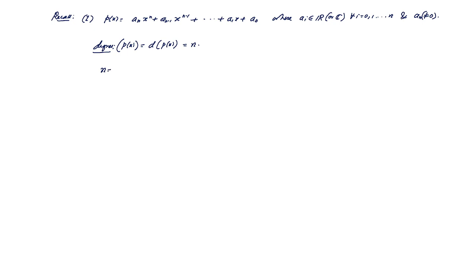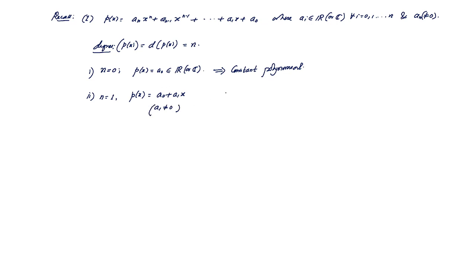Based on the values of n, say n equals 0, that means p(x) equals a0, that belongs to either real or complex. This is basically called the constant polynomial. এটাকে আমরা constant polynomial বলবো. If n equals 1, the polynomial p(x) equals a0 plus a1x, where a1 is non-zero, and this is basically a linear polynomial.